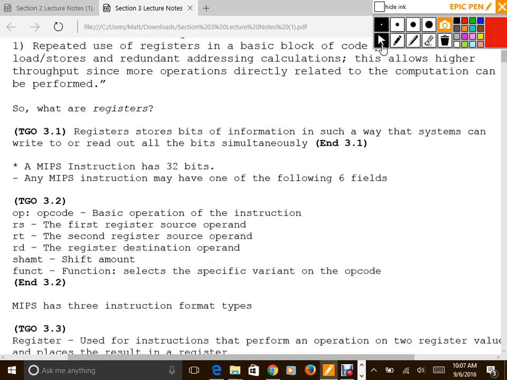Okay, so then the destination register. So you have 2 values that you're going to add or subtract, do some sort of operation on, and then you're going to store the result in this RD, right? The 5-bit shift amount is there, and then function is this next 6 bits.